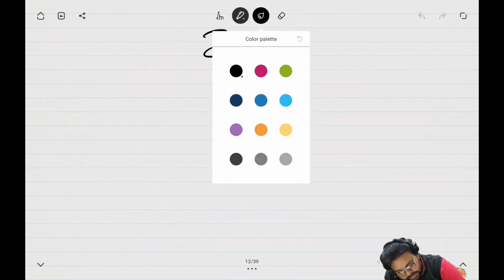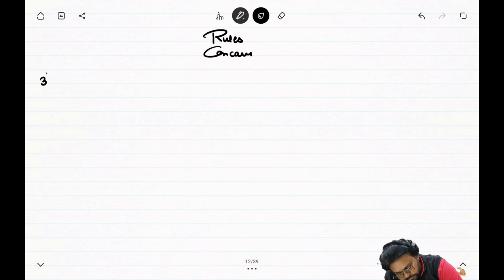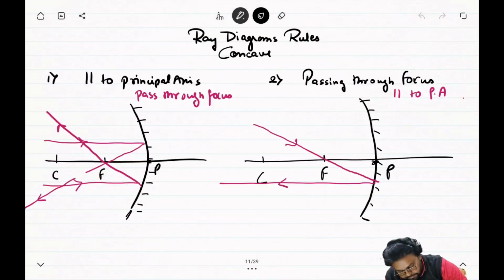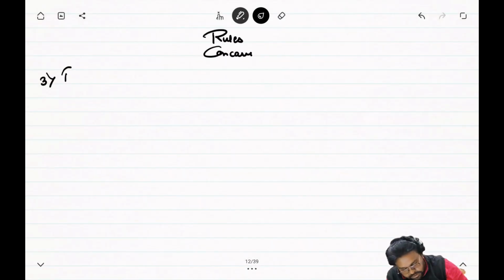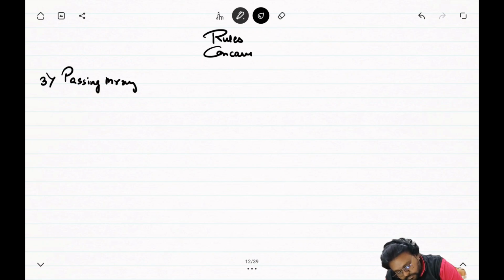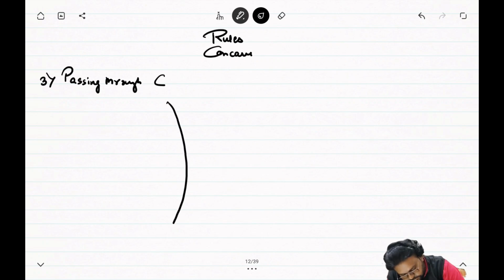Let's see the third rule. First, parallel to principal axis, pass through focus. Second, passing through focus, parallel to principal axis. Third, if passing through C, that means the center of curvature.